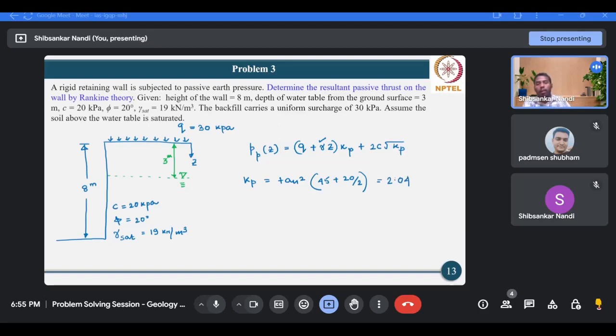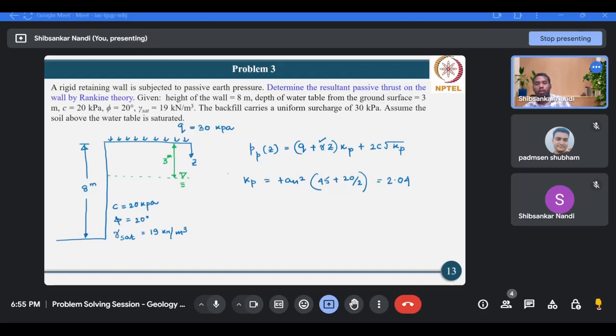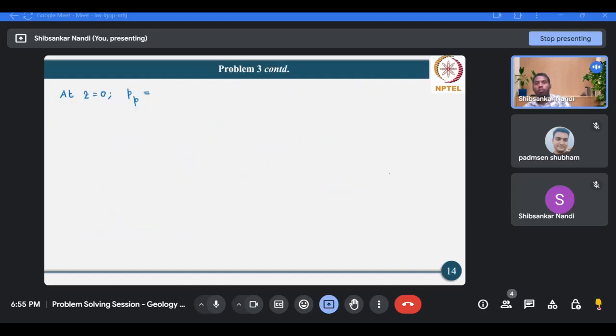Now we'll calculate the Pp values at different elevations. At z equals 0, the first component of Pp will be 0. The second component will be 2 into 20 into root of 2.04. In addition to that, there will be the Q component also.